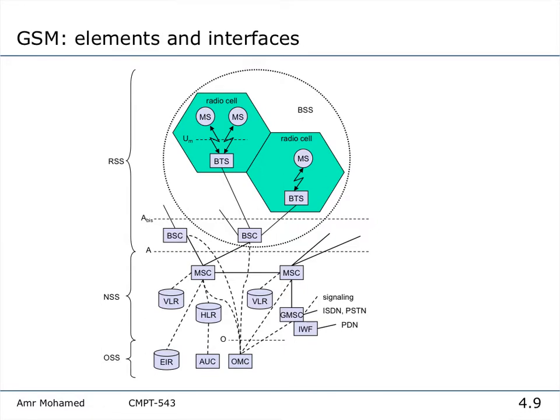So we talked about the home location register, the visitor location register, and the gateway MSC, which is again the output door to different types of networks, whether it's PSTN and so on. And we have the operation subsystem. The operation subsystem is responsible for two major things: monitoring the traffic policies within the network, and billing.